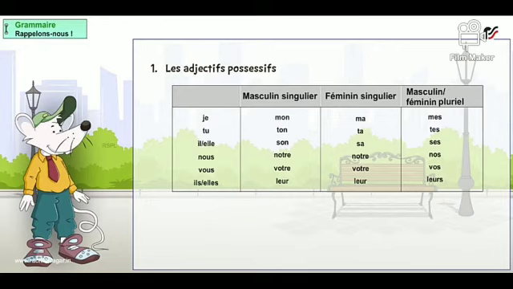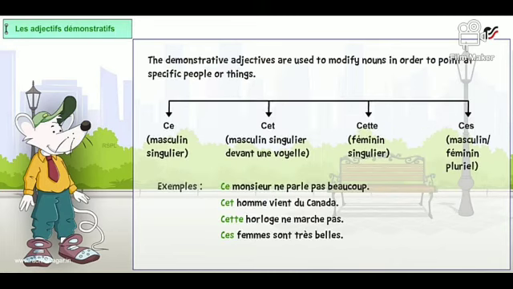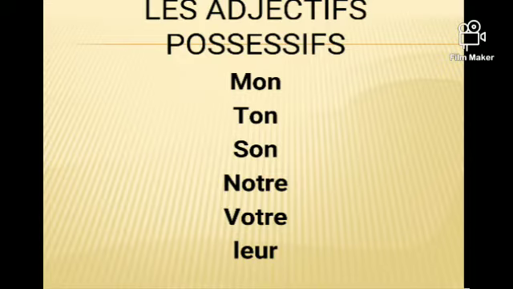Now we are going to see les adjectifs possessifs and les adjectifs démonstratifs. Les adjectifs possessifs means possessive adjectives. We put mon, ton, son, notre, votre, and leur before the noun starting with vowels. We will get more clarity from the table.